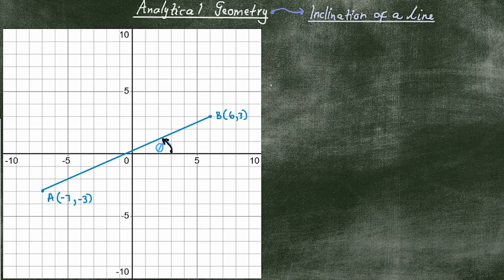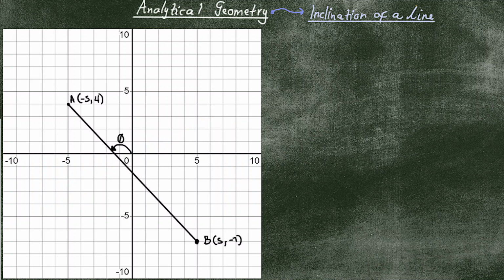Let me show you something that is not the angle of inclination. This is not the angle of inclination. So the angle of inclination is always measured from the positive axis counterclockwise. Here's another case. This is an angle of inclination, right?